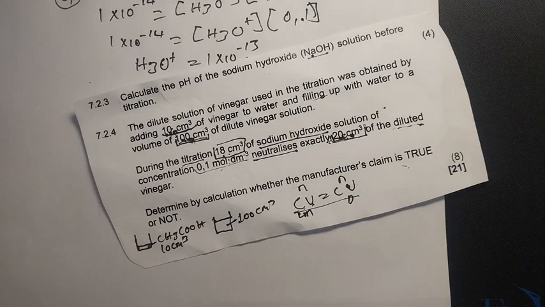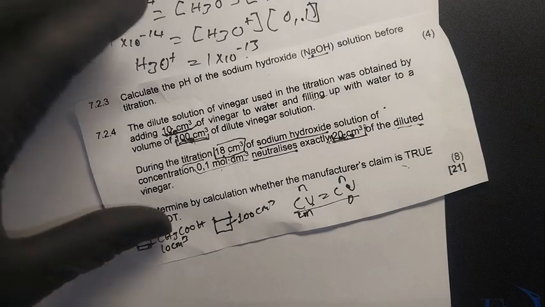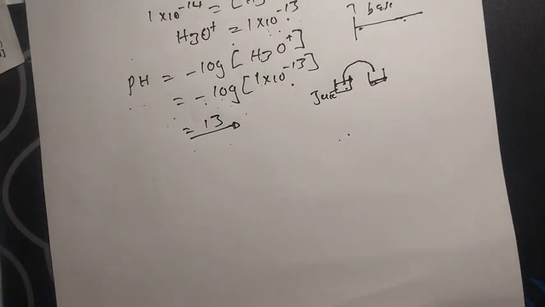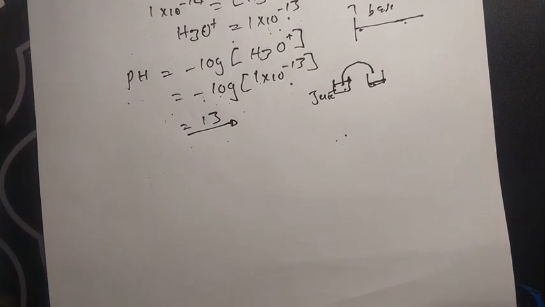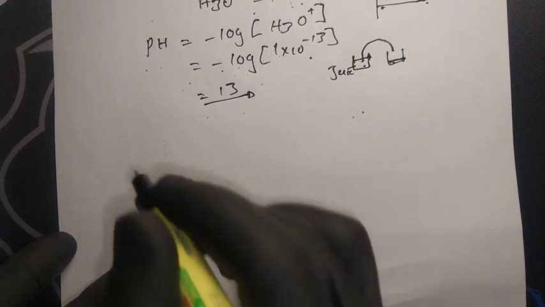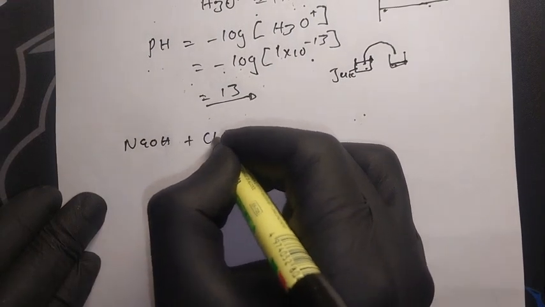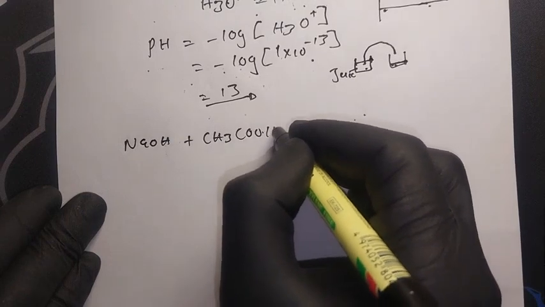So what we need to do, our first step, is to write down the equation of this titration. What are we trying to titrate in this equation? We're trying to titrate the solution, which is sodium hydroxide plus CH3COOH.